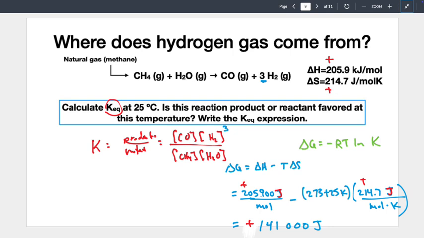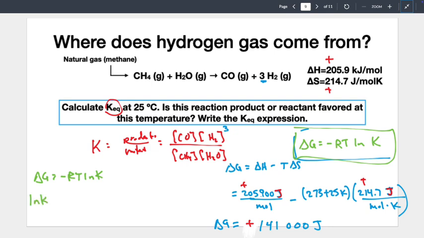Okay, joules. Now how do we go through and solve for our K? This was our delta G. So now we have to navigate back to the expression that we set up here. I personally would take that RT ln of K and start to shuffle things around. Ln of K equals negative delta G over RT, make sure we got that negative in there.